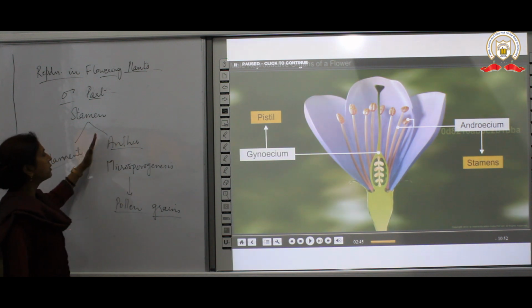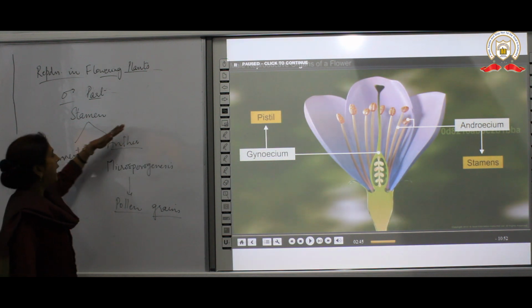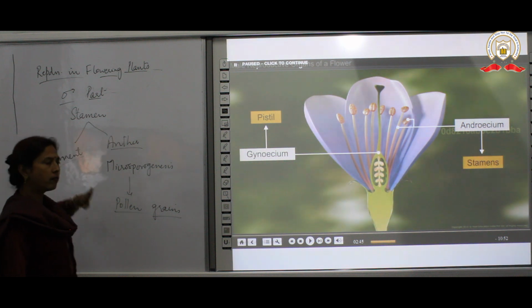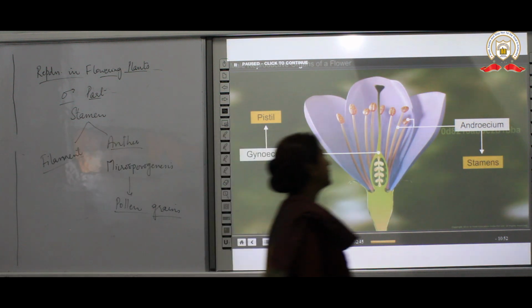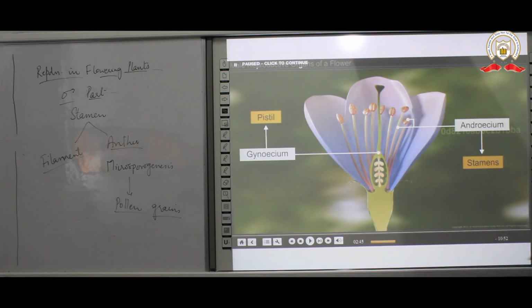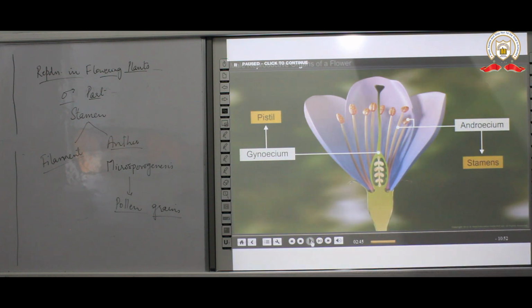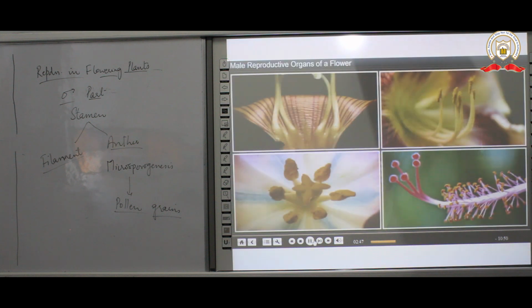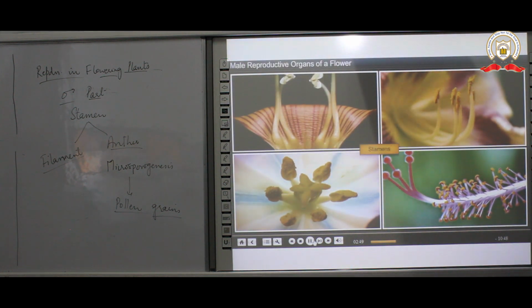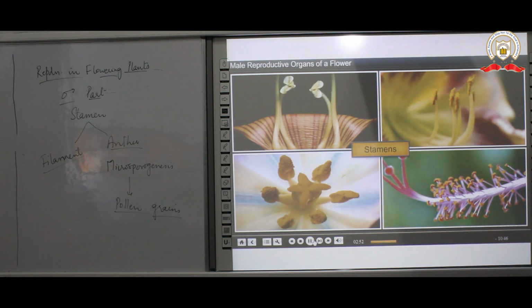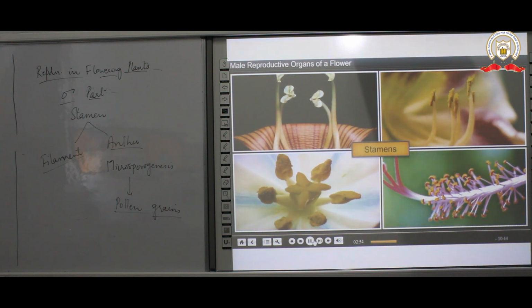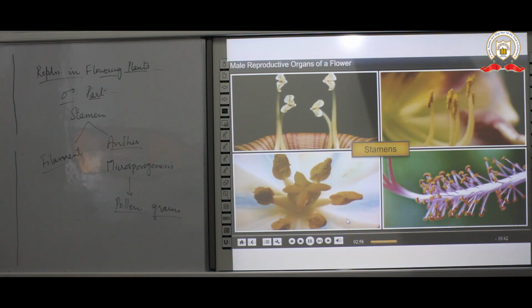Now we will discuss the structure of anther and how the process of formation of pollen grains takes place here. Though the number and size of stamens in an androecium differ across species of flowers, the basic structure remains the same.